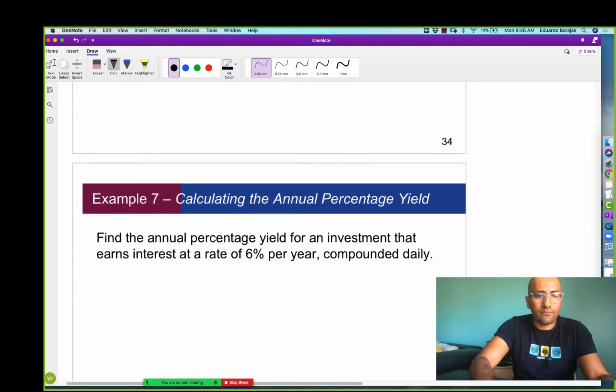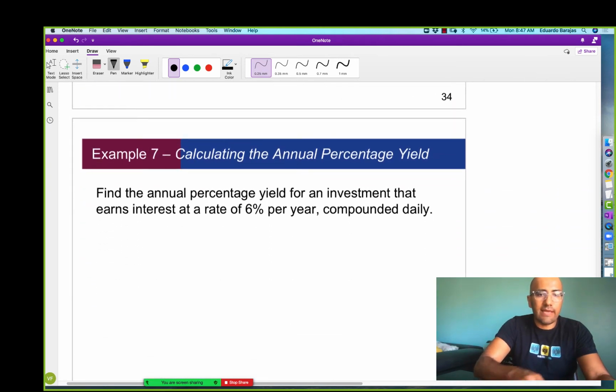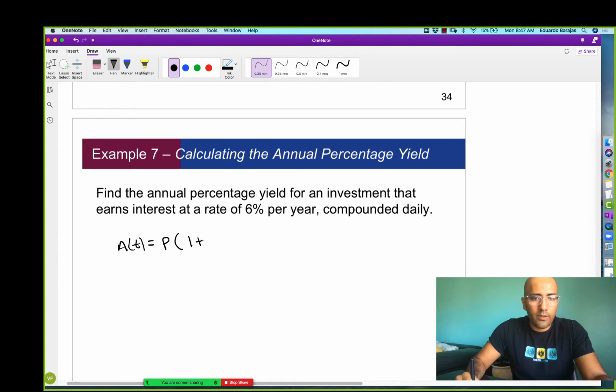Good. So, for example, find the annual percent yield for an investment that earns an interest rate of 6% per year, compounded daily. So we know that our formula is going to be equal to the principal amount times 1 plus the rate, r, divided by n, to the power of nt.